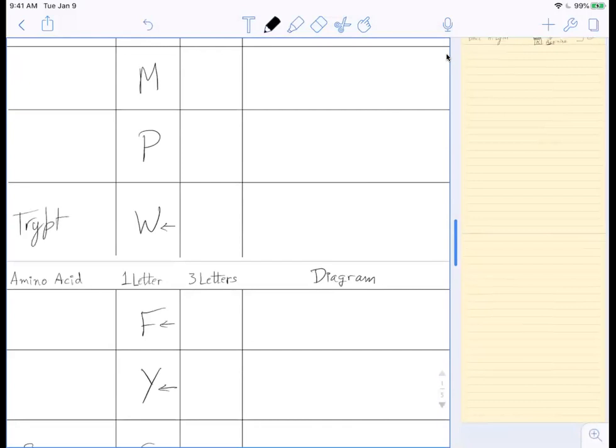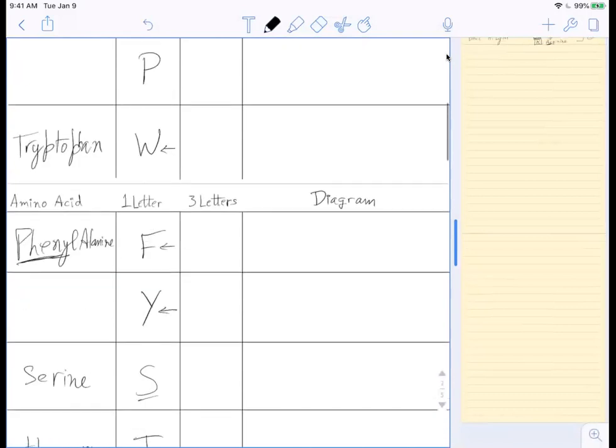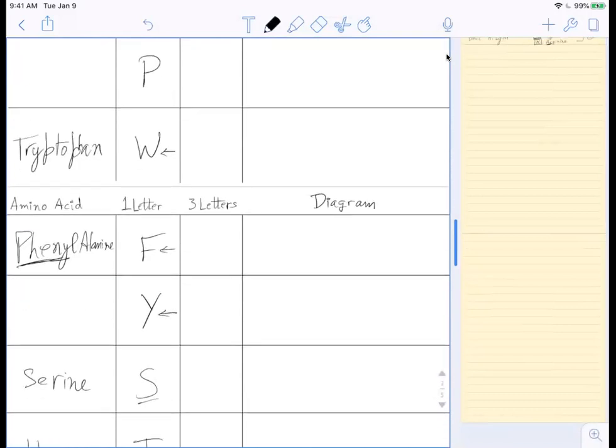Let's do the aromatics. Tryptophan, phenylalanine, phenol, right? Something like that, phenylalanine, then that's just alanine. Tryptophan, tyrosine.